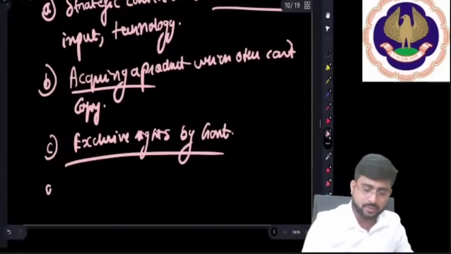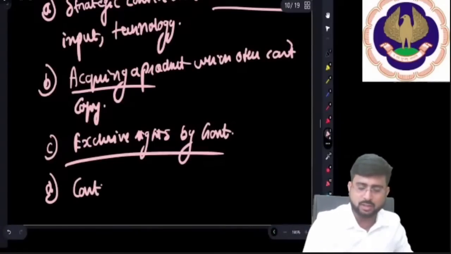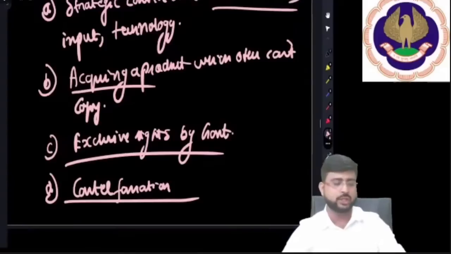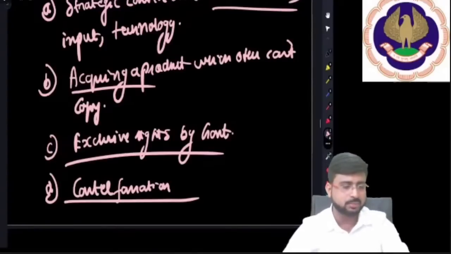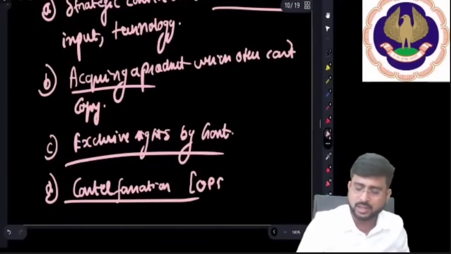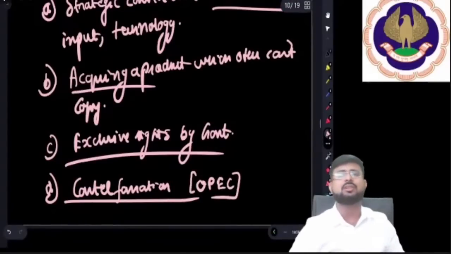Point D, cartel formation. Cartel means, though in general it is illegal, sometimes governments come together to form a cartel. Can you tell us some cartel names, sir? Yes, OPEC, Organization of Petroleum Exporting Countries.